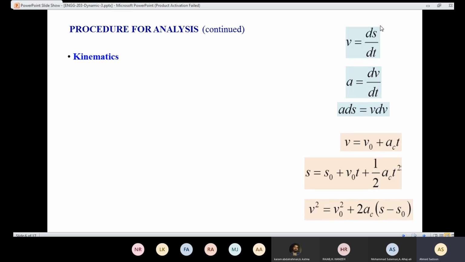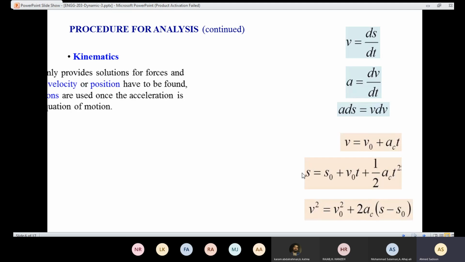Remember these kinematics equations. And if you are going to deal with constant velocity or constant acceleration, in that case, I can use those ones instead of those ones here.